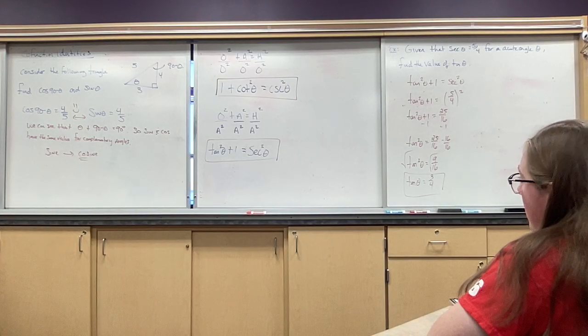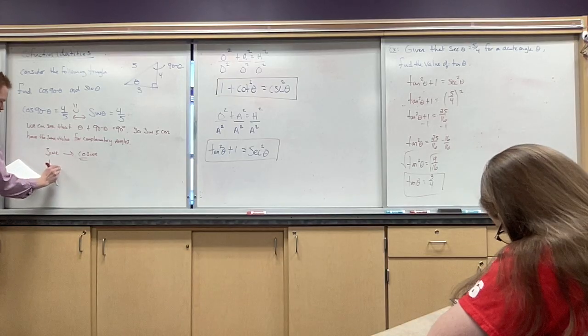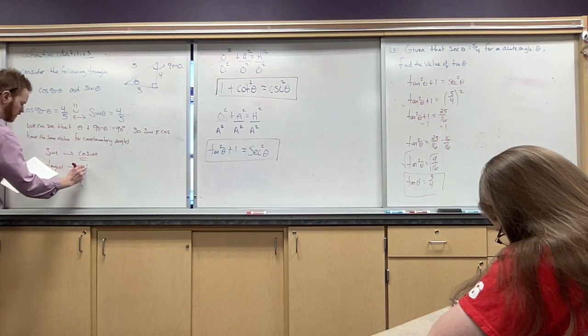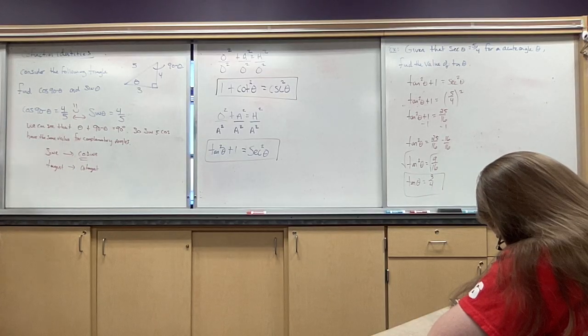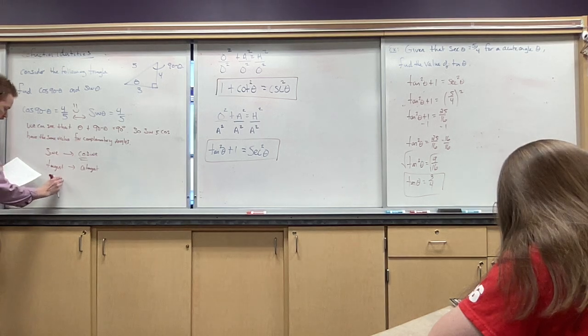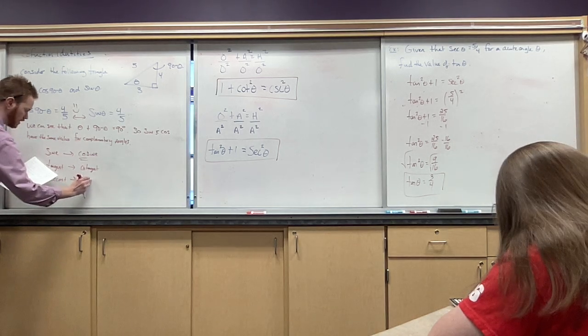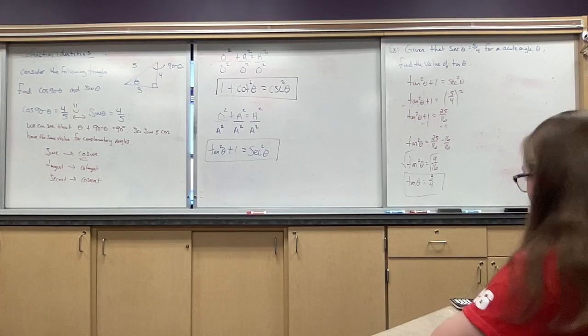Okay, so there is a complementary nature to them. Tangent would be complementary with cotangent. Okay, they're going to have the same property as what we're seeing up here. And then the last one, we could say secant is the same thing as cosecant. They're going to have the same kind of property as what we're seeing up above.